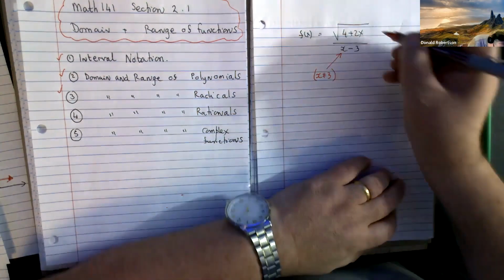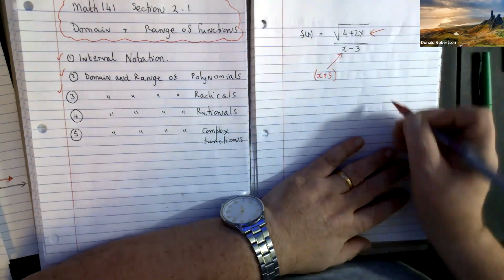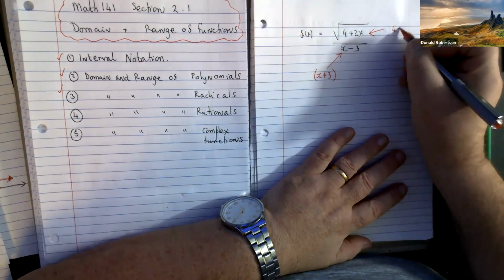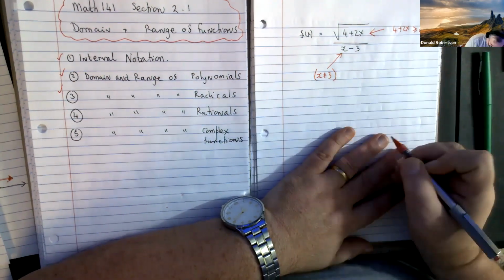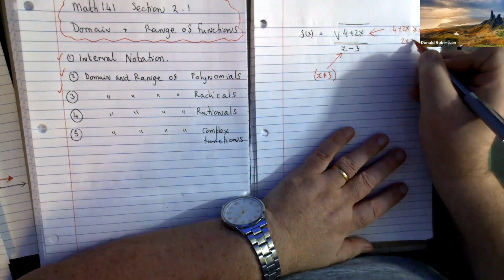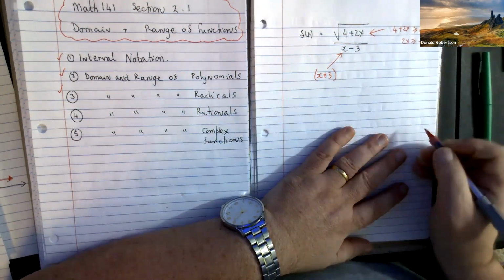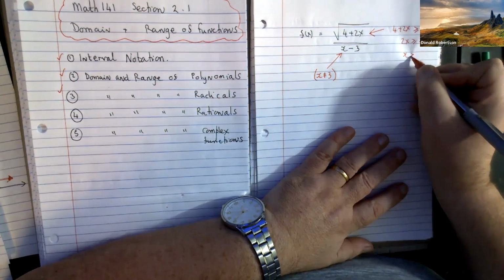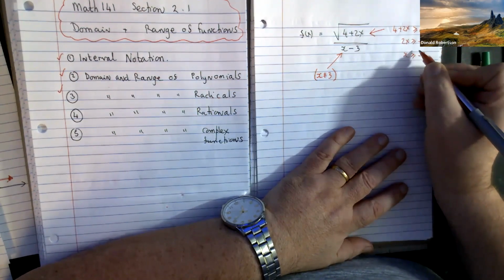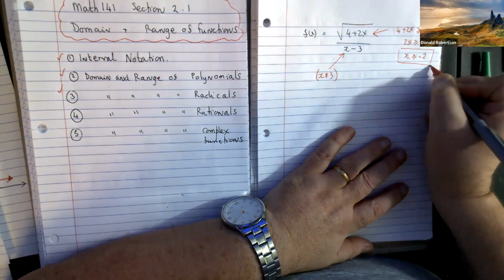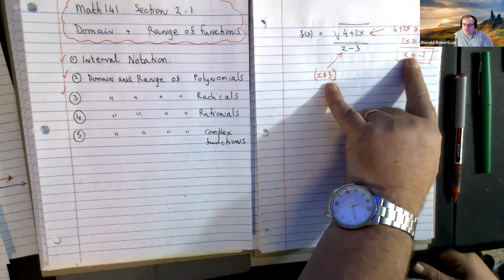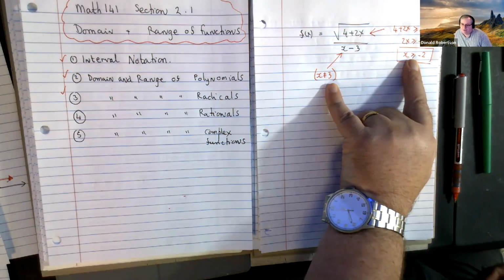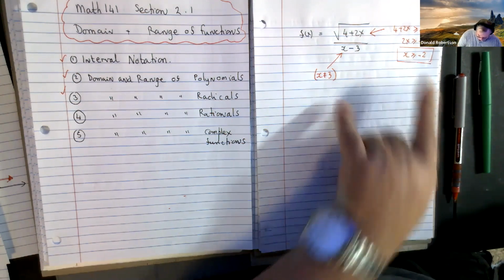Rational function. But there's also a top piece. And the top piece says, look, this has to be positive, which means 2x has to be greater than -4, which means x has to be greater than or equal to -2. So our answer has to be those two things being true at the same time.